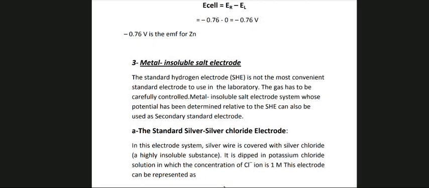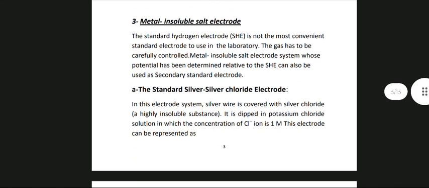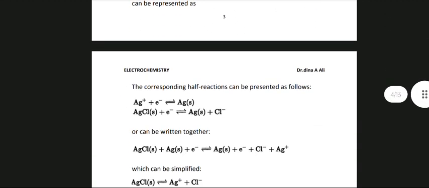Part A, the standard silver chloride electrode. In this electrode system, silver wire is covered with silver chloride, a highly insoluble substance. It is dipped in potassium chloride solution in which the concentration of Cl- ion is 1 molar. This electrode cell can be represented as follows.